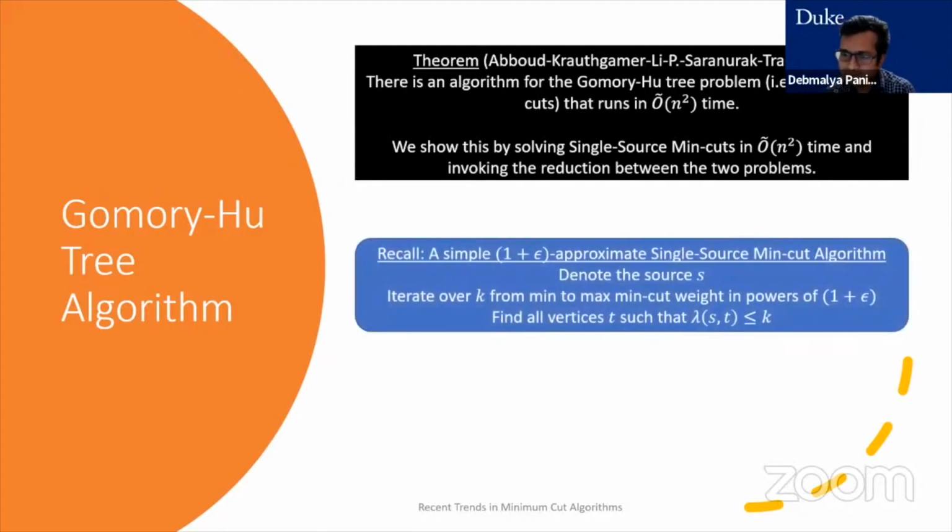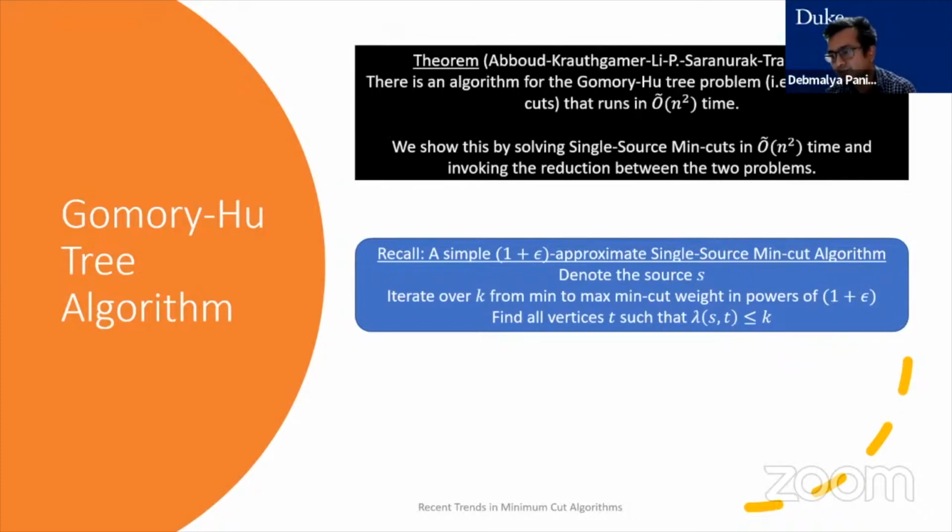Okay, so let me give you a very brief sketch, in the 2 or 3 minutes I have left, of how this algorithm works. Let's go back to this 1 plus epsilon approximate single source min cut algorithm. What were we doing? We were setting these geometric levels at powers of 1 plus epsilon, and we were using a sieve.